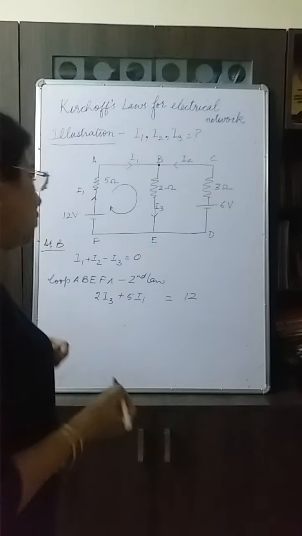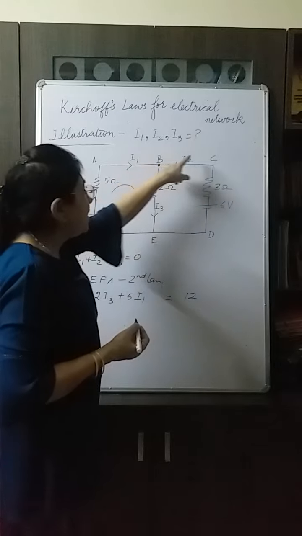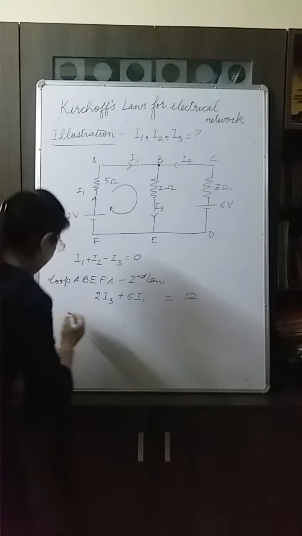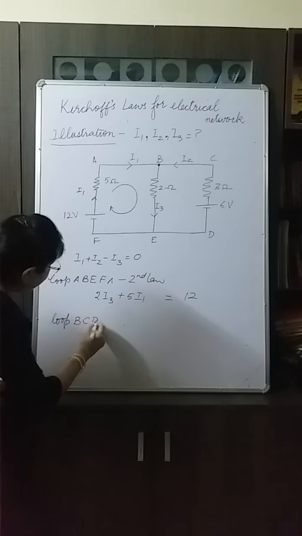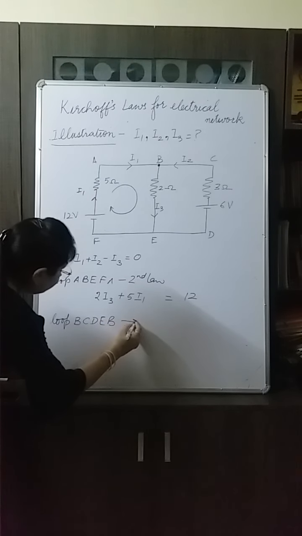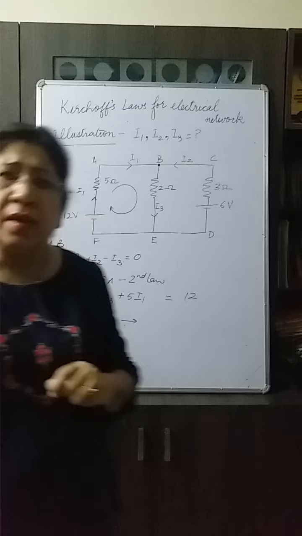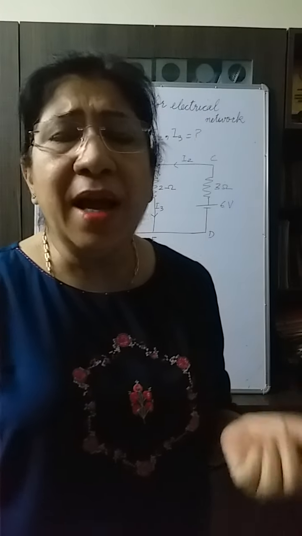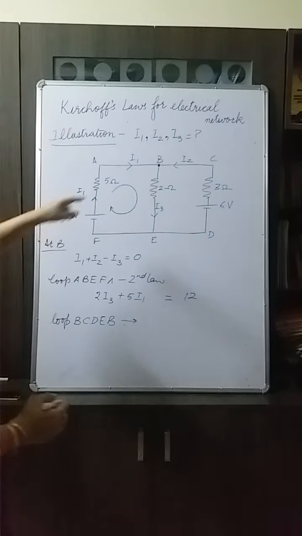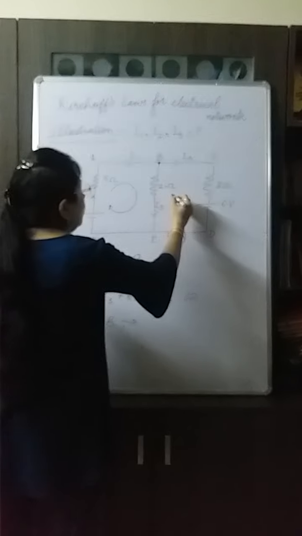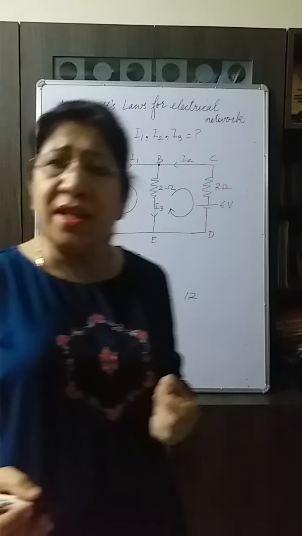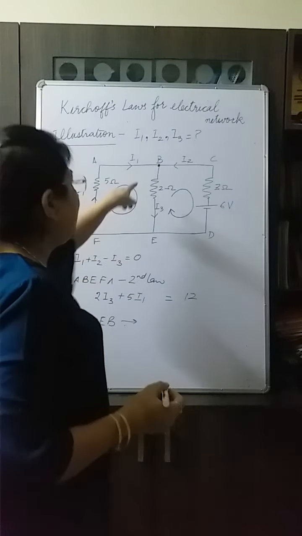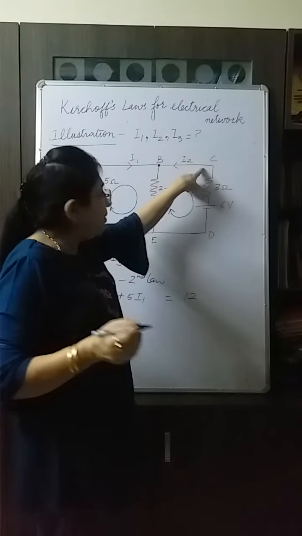Then let us choose the next loop, B, C, D, E, B. Again, let us apply the second law here. Start from B, with the direction of traversal again clockwise. BC has no element.